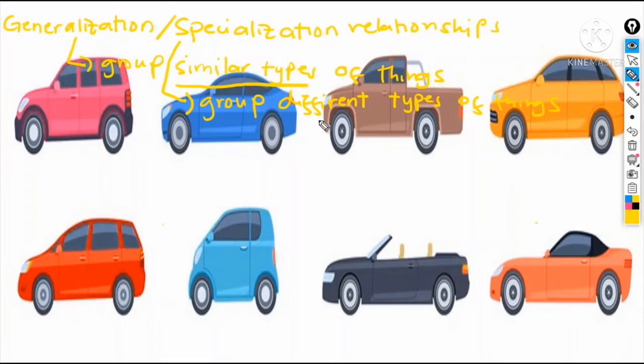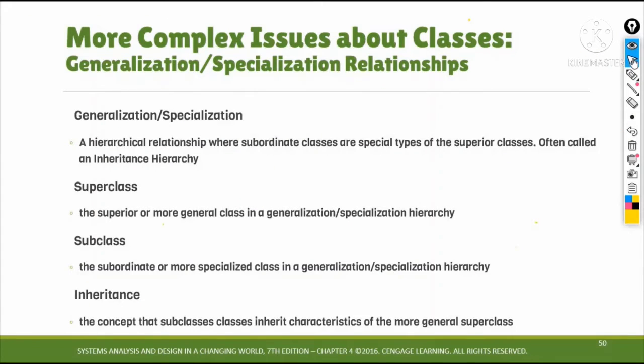In specialization, it groups different types. So for example, special types of cars include sports car, sedans, and sport utility vehicles. So these types of cars are similar in some ways, yet different in many ways. So a generalization specialization relationship is used to construct or rank these things from the more general to the more special.